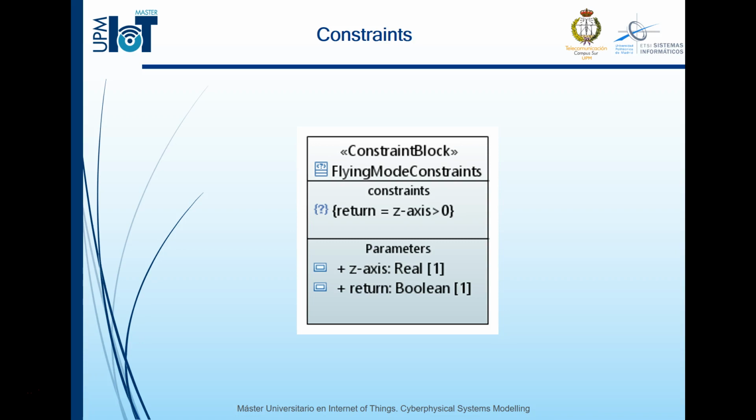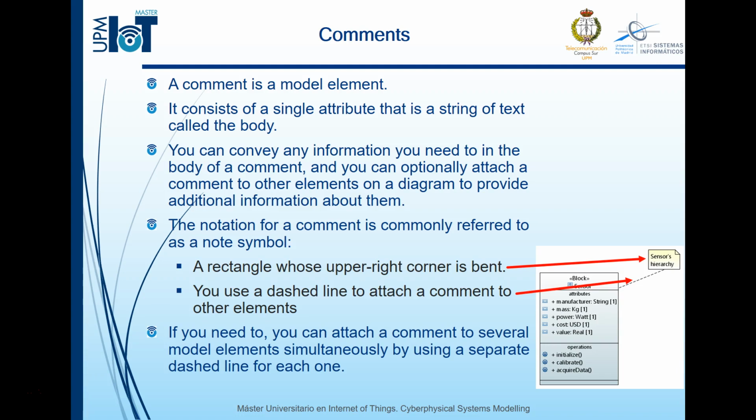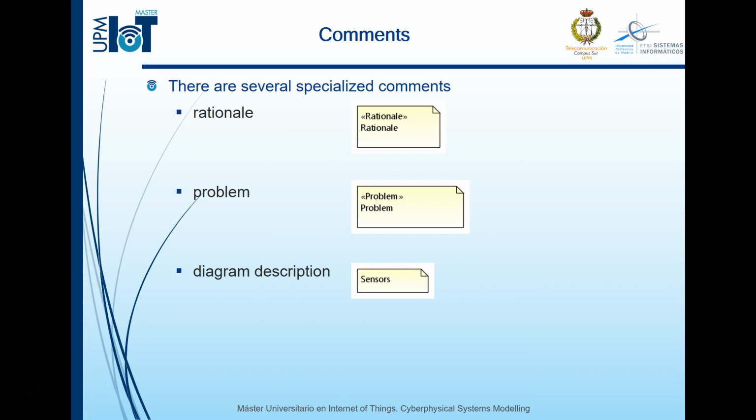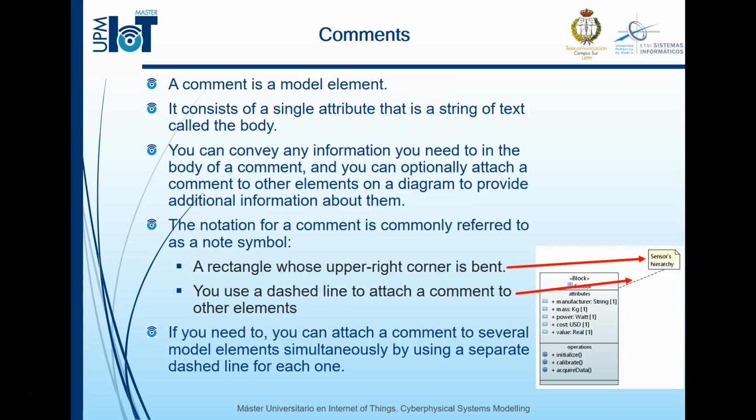The idea is to create these kinds of blocks with different expressions and so on. And of course, you can add comments to explain some details of your diagram. Nothing relevant about comments, but there are 3 different kinds of predefined comments: rationale, problem, and diagram descriptions. The name is enough to explain.